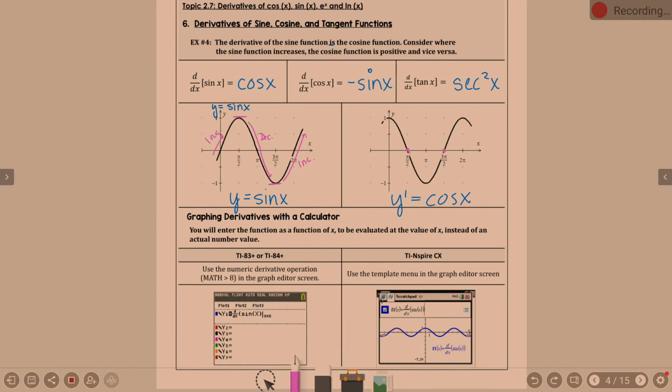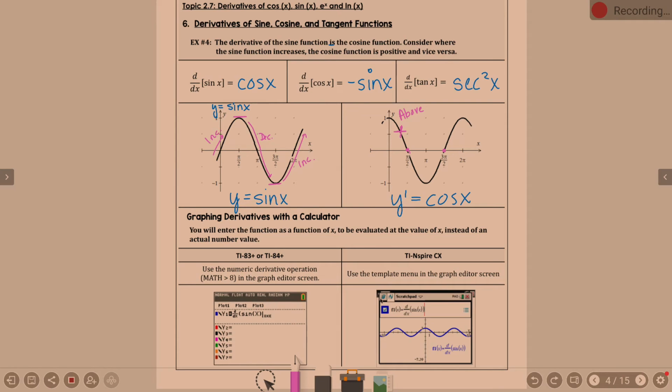Again, this is the whole idea of being able to draw the derivative function. If a function is increasing, what kind of slope does it have? A positive slope. So over here where it's increasing, notice that the derivative is positive in that it is above the x-axis.